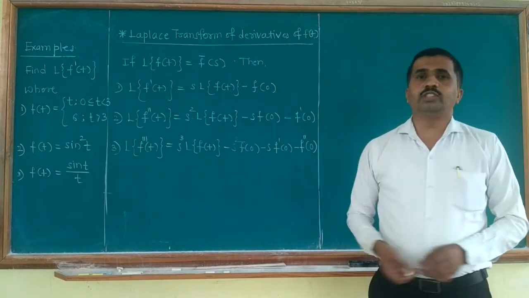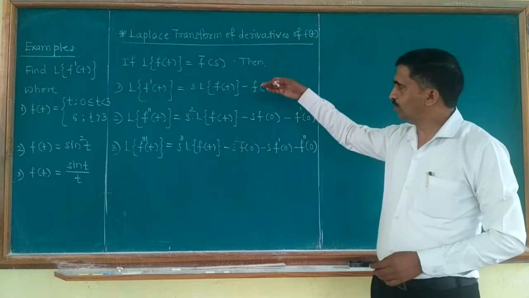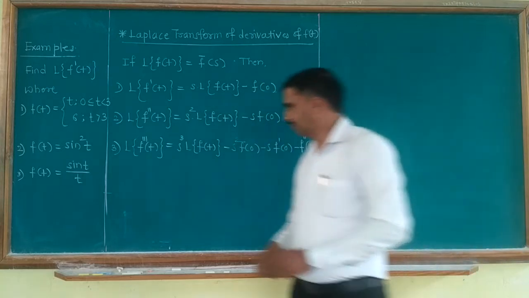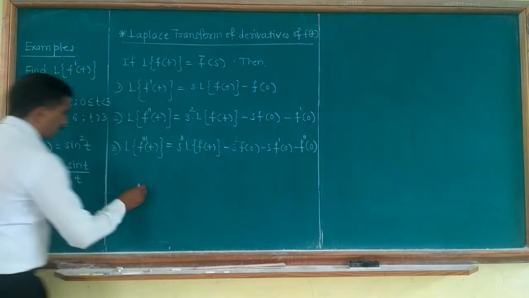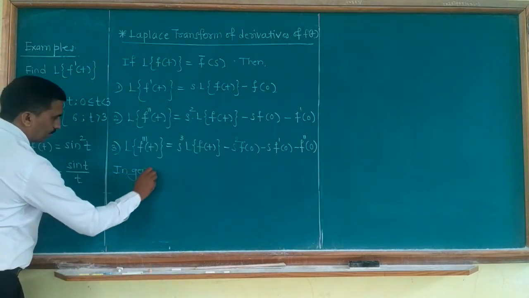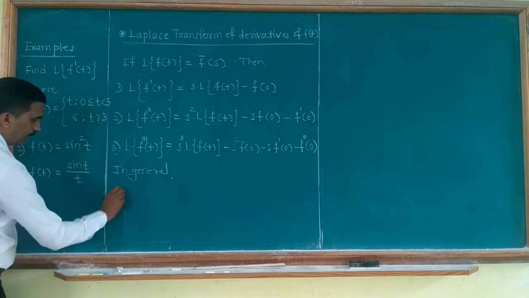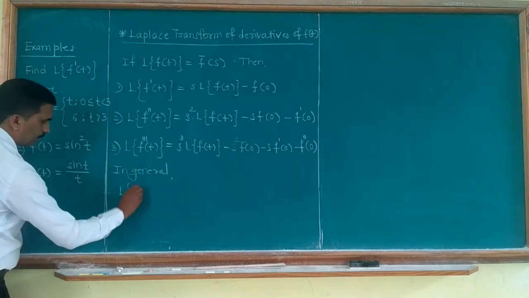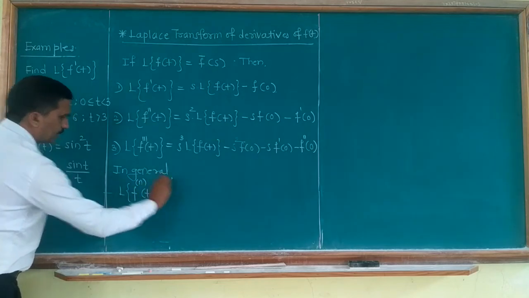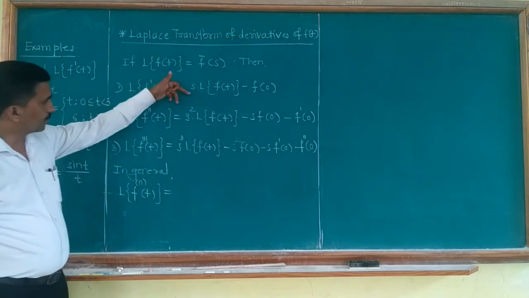So what about the general formula? If you observe these three formulae, then one can write the general formula. So in general, the Laplace transformation of the nth derivative of f of t is equal to... Now check the first term.